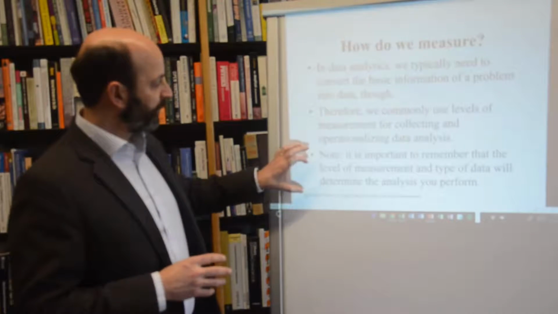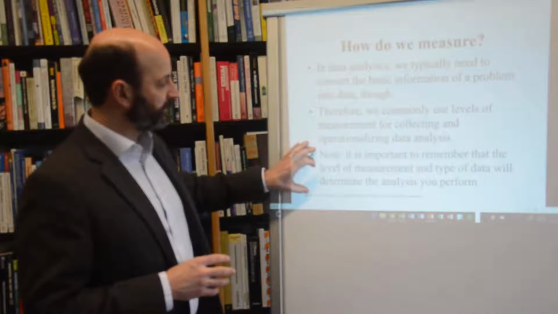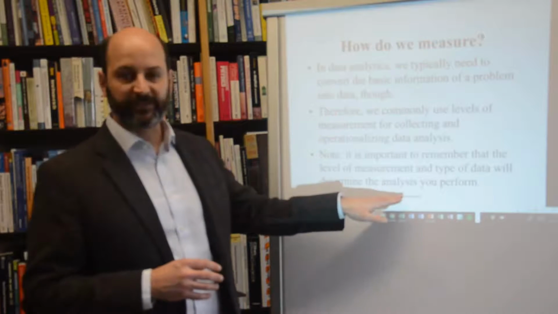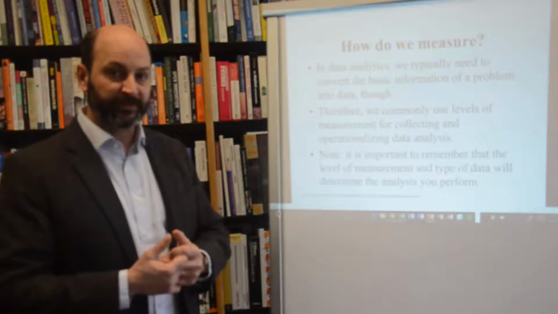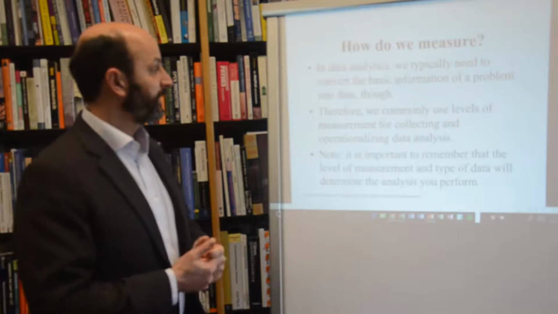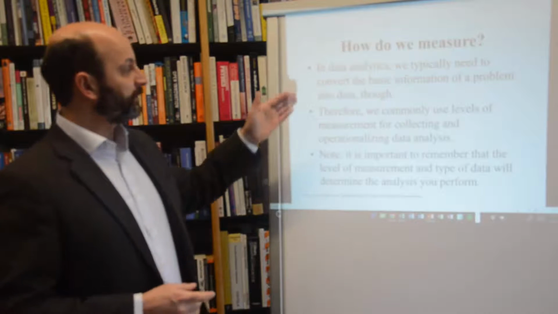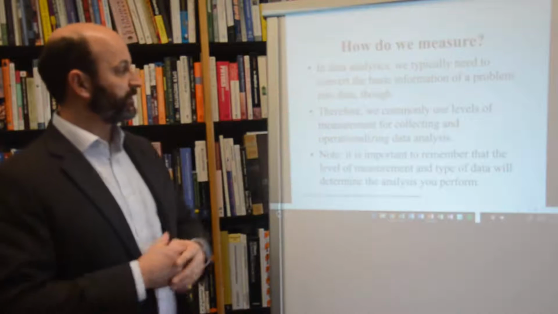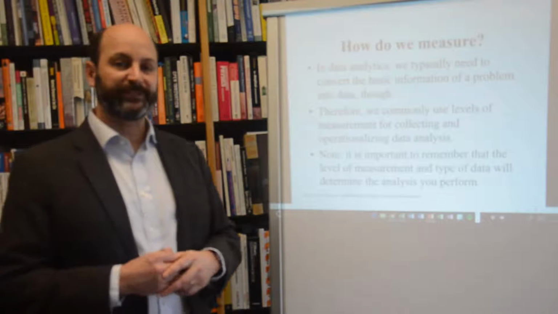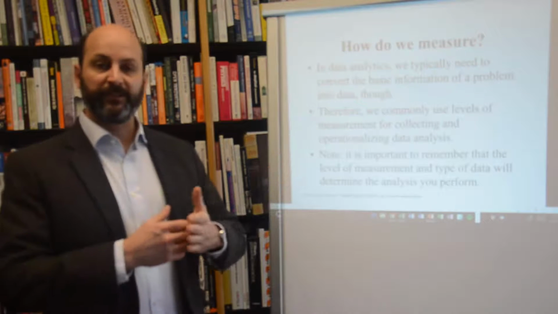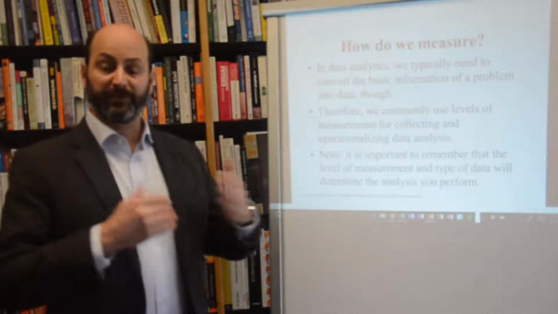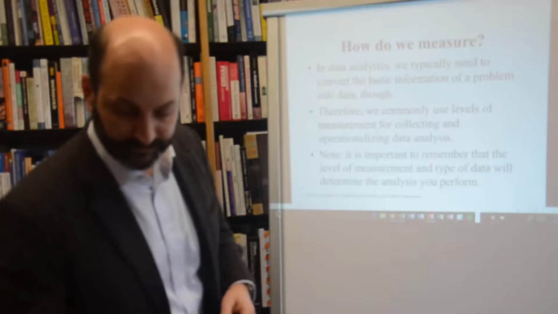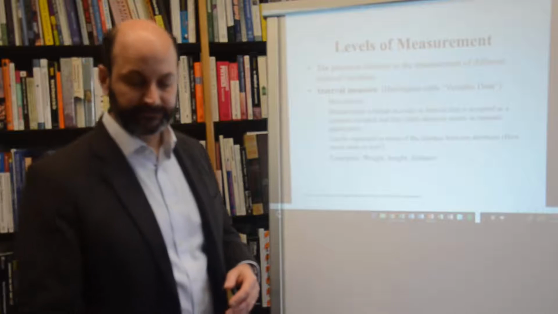All of these different considerations will often drive the type of analysis that you can perform. If you don't have data that support a certain type of analysis, you're not able to do it. Okay? But we are typically trying to convert basic information of a problem into data. And in that process of operationalizing the concept, we're moving from indicators typically to variables. We'll talk about that more.